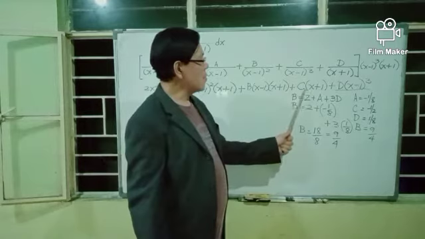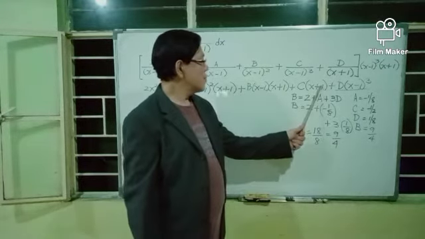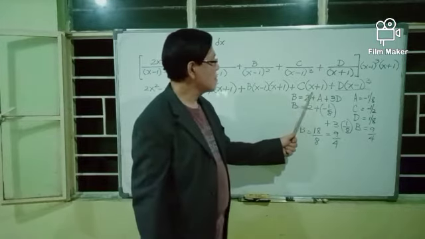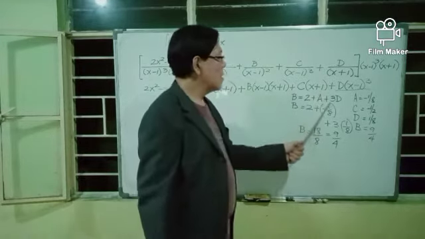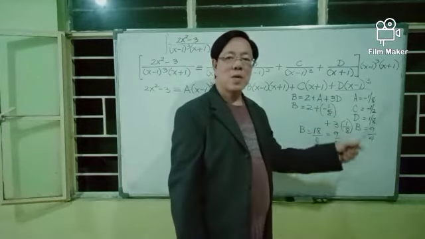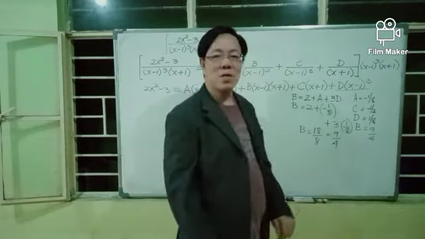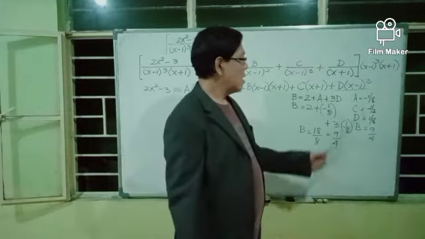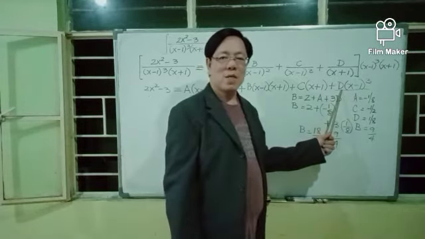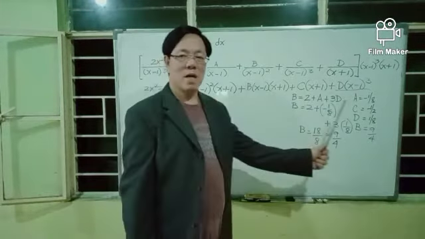And here, if you multiply c by 1, you get c. So for this third term, the constant term is c. Earlier, we wrote the expansion of x minus 1 cubed, and we see that the last term in the expansion of x minus 1 cubed is negative 1. And negative 1 multiplied by d, you get negative d. And we add all the constants at the right hand side.